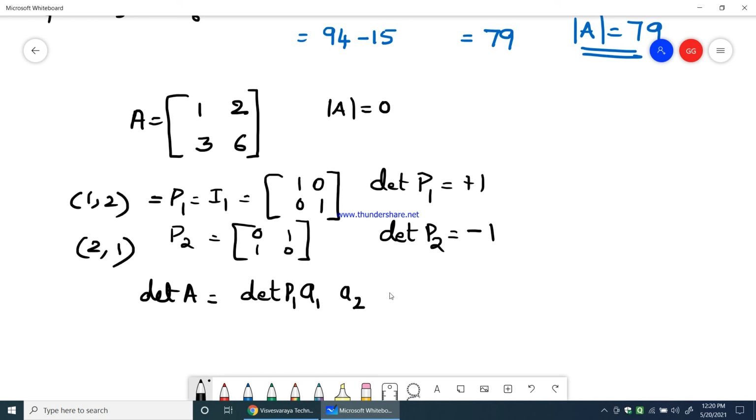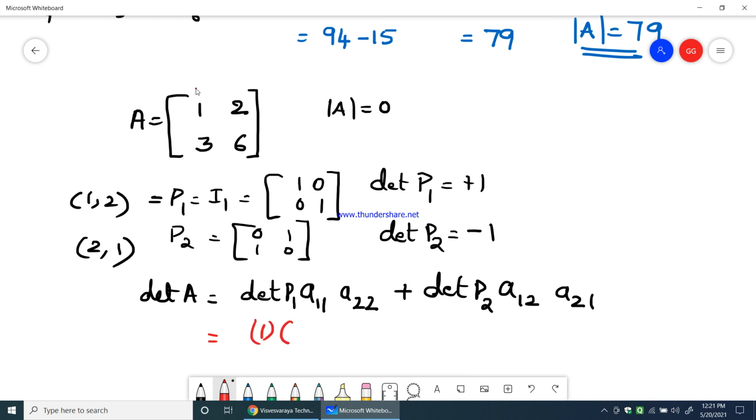Okay, so here column order 1 2, therefore I'll write 1 2 plus determinant of P2 into A1 A2, now it is 2 and 1, therefore it is 2 here and 1 here.